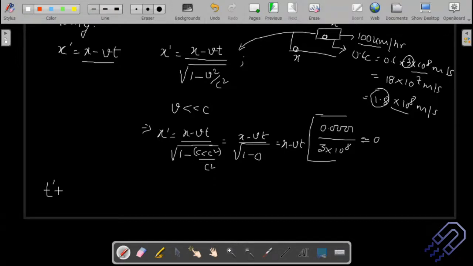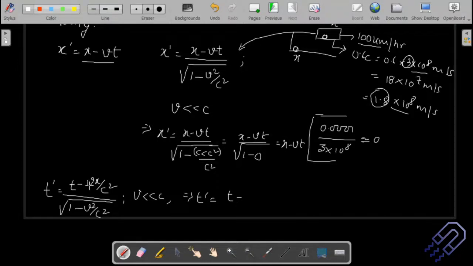Is it true for time? The answer is yes, because in time Lorentz transformation is nothing but t prime is equal to t minus vx divided by c square, divided by root over of 1 minus v square by c square. Here also we can consider that this velocity is very less than c, okay, then it will imply that t prime is equal to t minus v by c square.